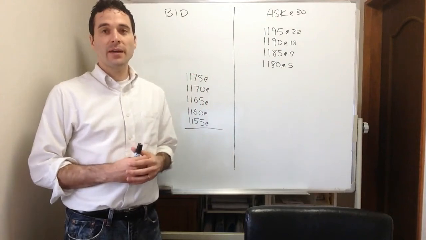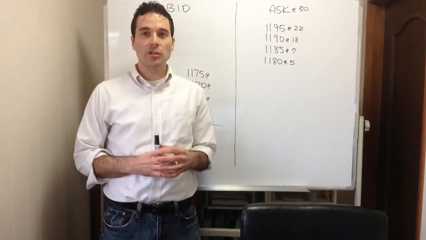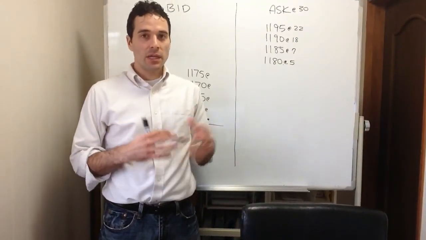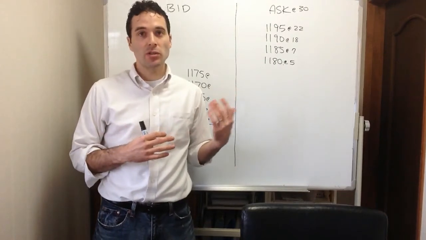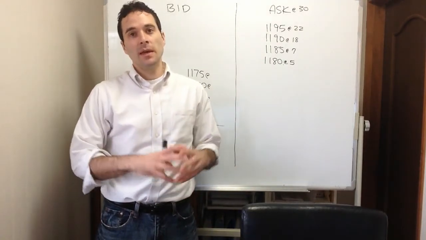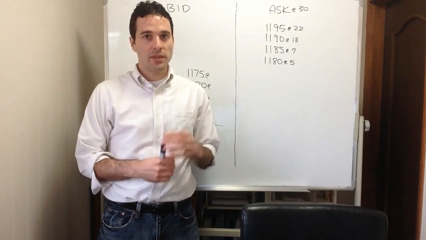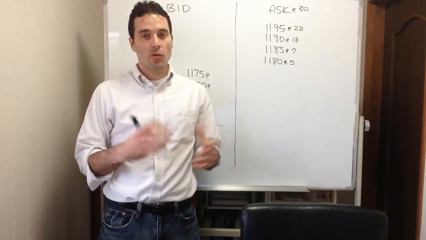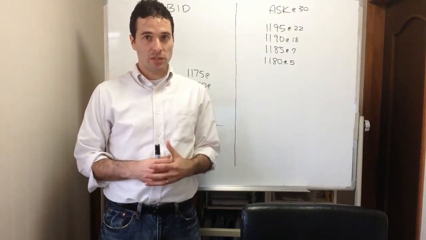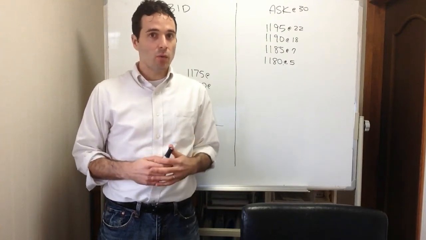There's a delayed effect to the physical. The physical actually leaves the shelves, leaves the warehouses of the exchanges, goes to the mints, gets processed into coins, and then goes in bar form or coin form to the investors and industrial users around the world.